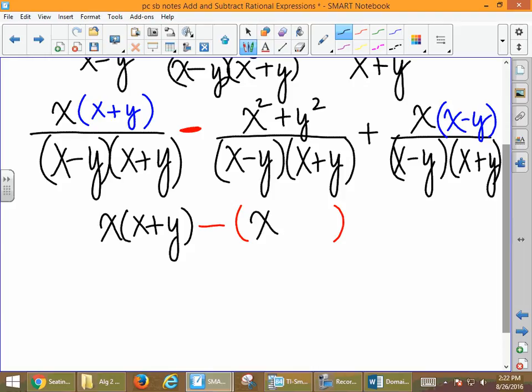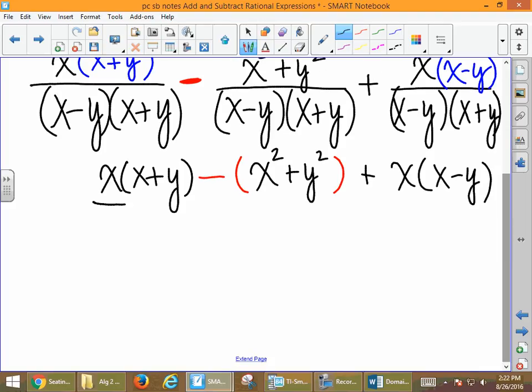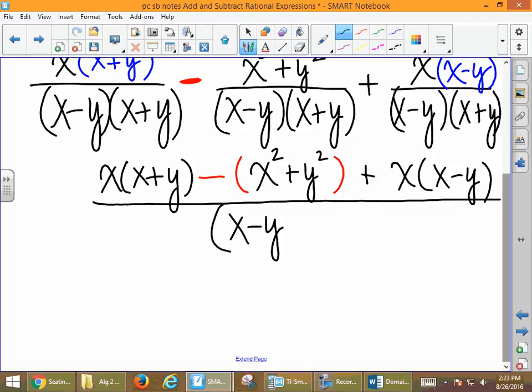So I just put in those parentheses to remind us that that negative applies to both the x squared and the y squared. So the parentheses might help remind you that we need to distribute that negative. And then we have the x times the quantity of x minus y all over our common denominator of x minus y times x plus y.